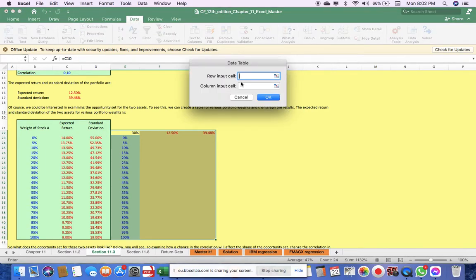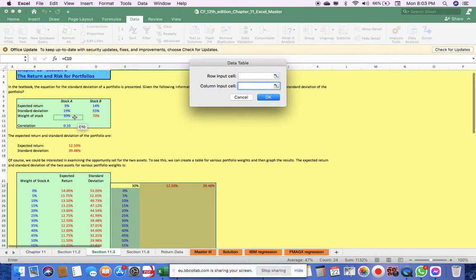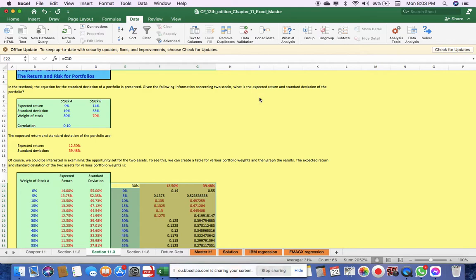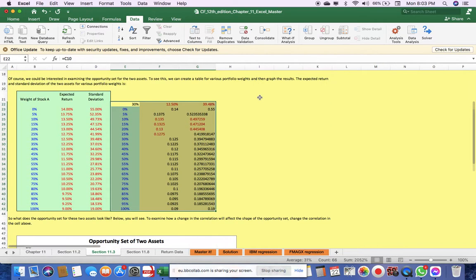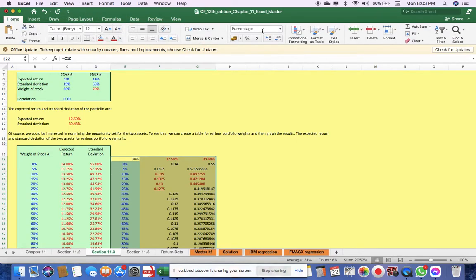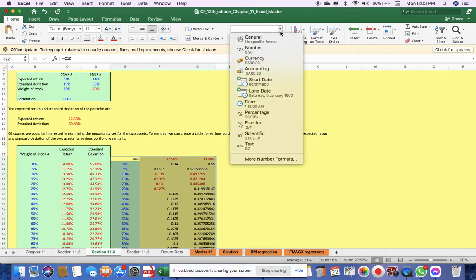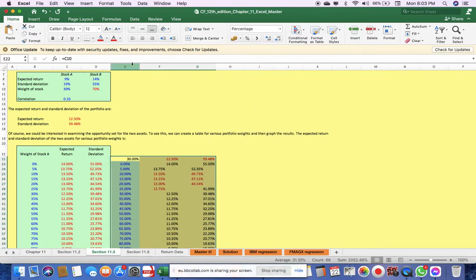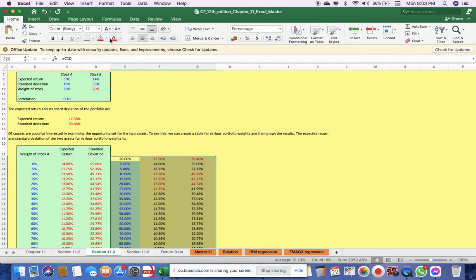In the row I am not changing anything, keep it blank. In the column I am changing the percentage. So I will come here and select this percentage. I will click okay. Then I will get the different rates, returns and risk. Let me make it percentage and middle aligned.